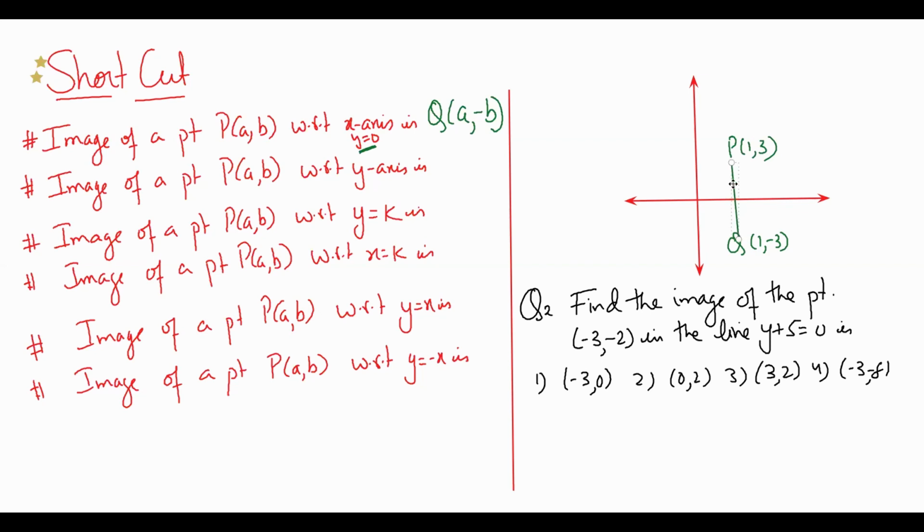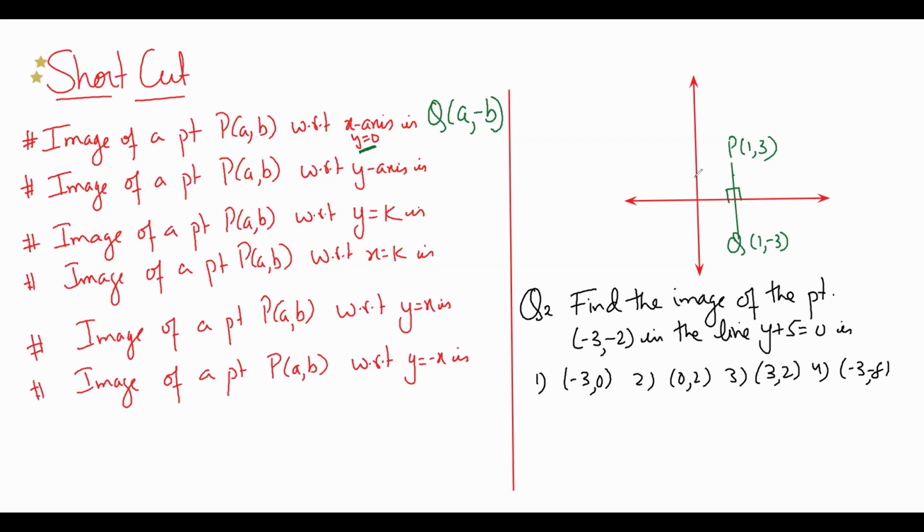This is the first property, and that means the x coordinate remains the same, because the line is perpendicular to the x-axis. So the x coordinate of the image would be 1.